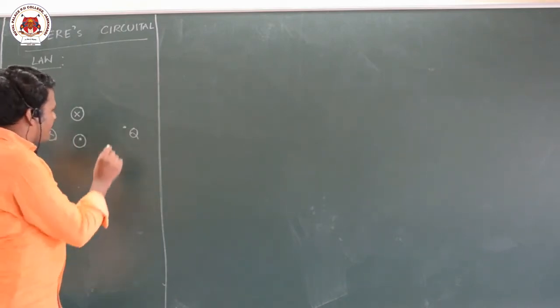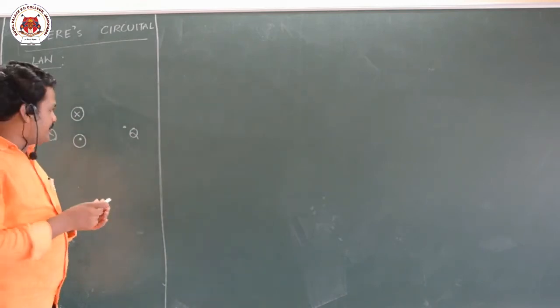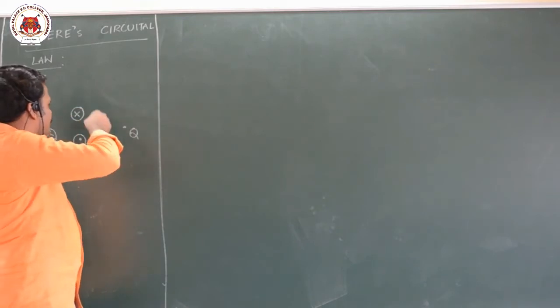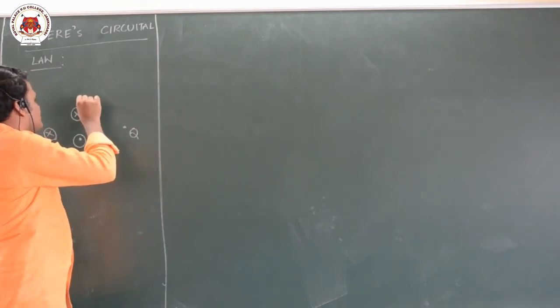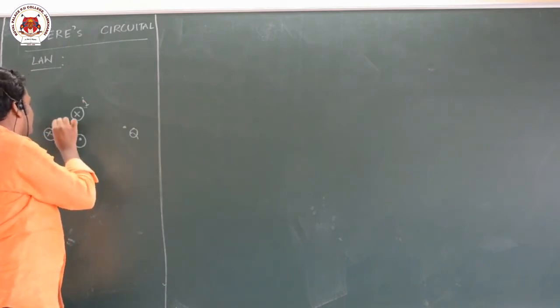When you want to find the magnetic field at this point, because you already know a current carrying wire is a source of magnetic field, there will be a magnetic field due to wire number 1, wire number 2, and wire number 3.